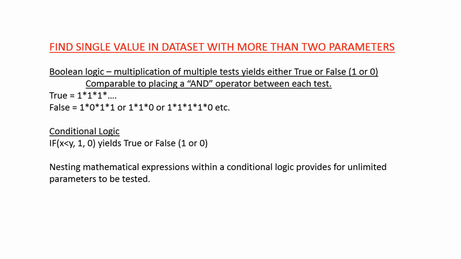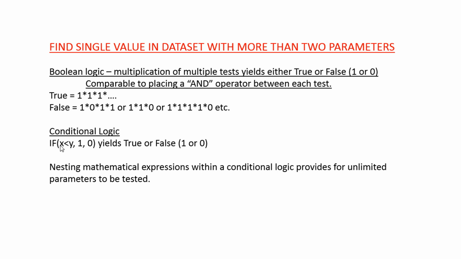The second concept that you should understand is conditional logic. Many of you might have used an if statement if you've done any programming at all. So we're saying if we have a test here, x is less than y, then if that is true, it's going to yield a 1. If it's false, or in this particular example, x is equal to y, that's false.